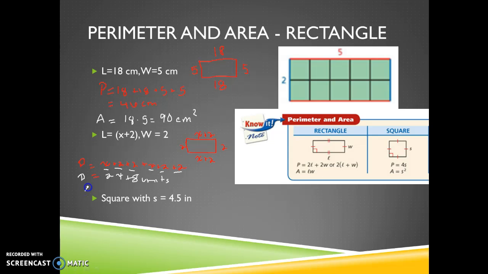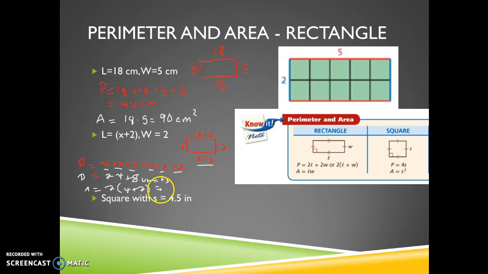Now area is length times width. So it's going to be 2 times the quantity x plus 2. And then remember, anytime you have a binomial, so something that is a sum or difference when you have variables and constants mixed, you do want to use your parentheses. This is a red flag to use your distributive property.